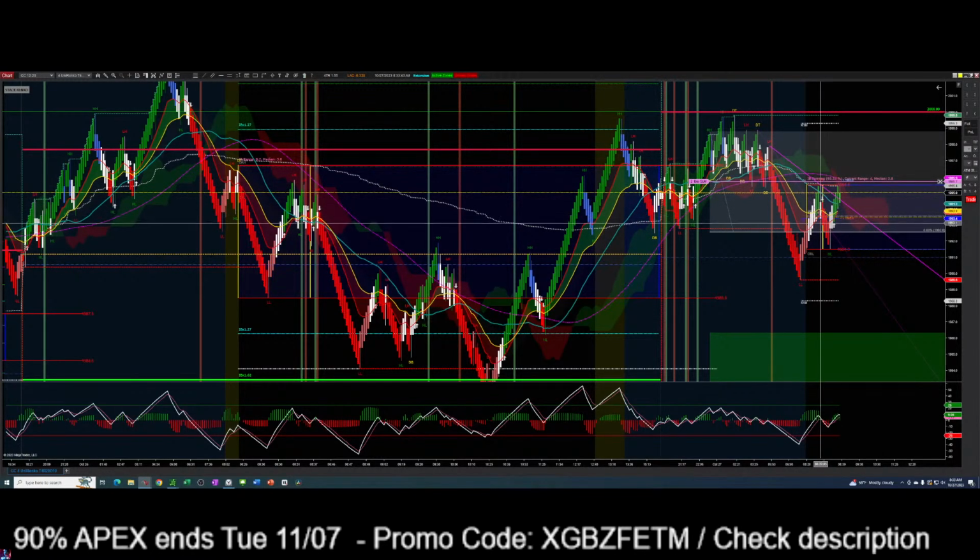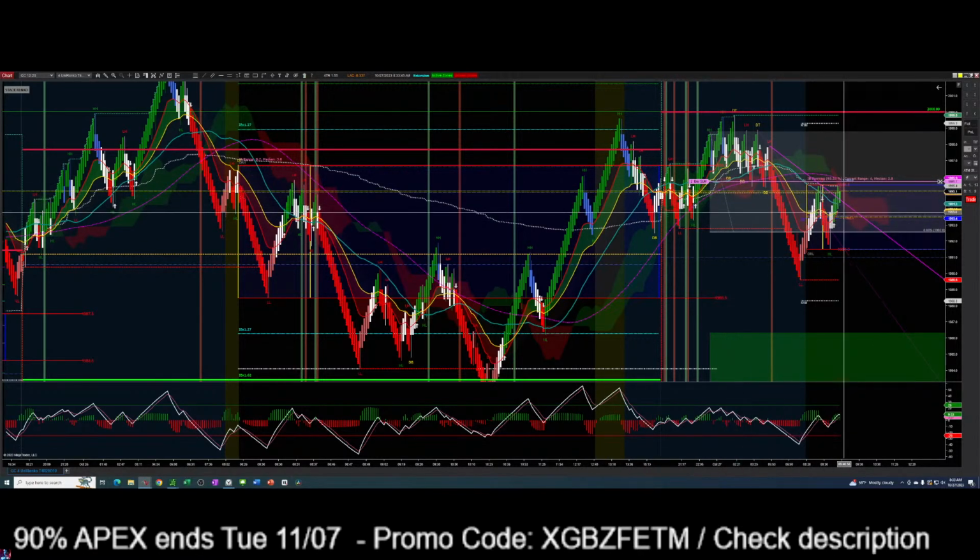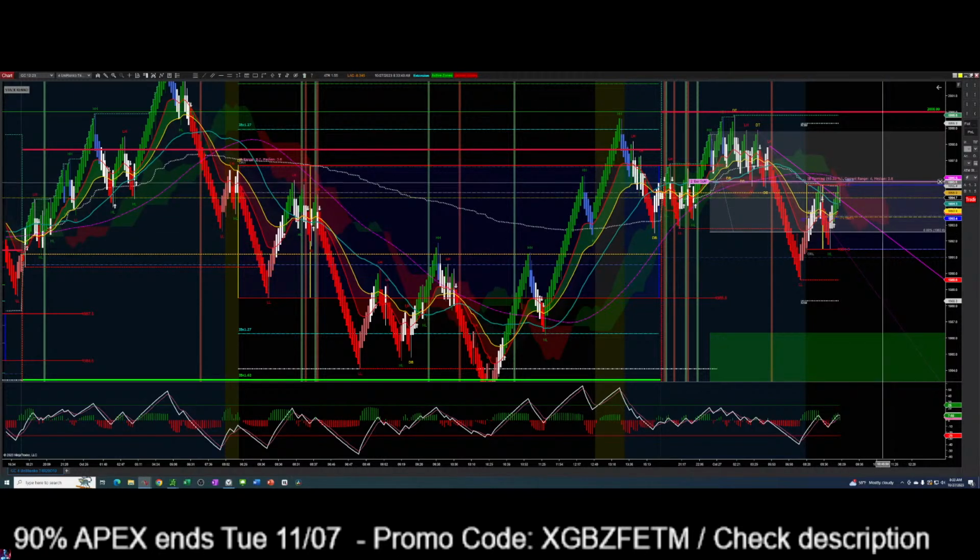It's a trend reversal breakout, but it's not very, very well defined. It's in a range. I don't like it.